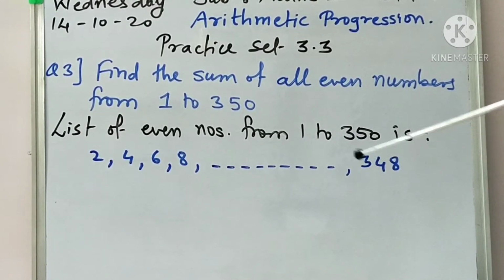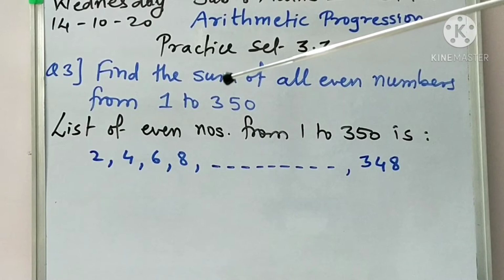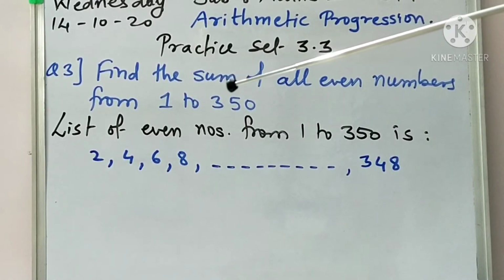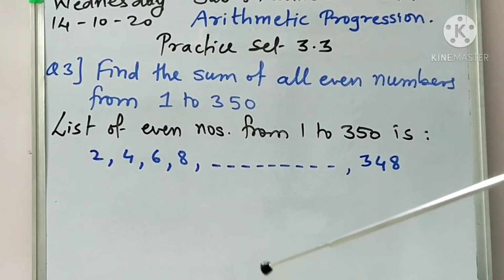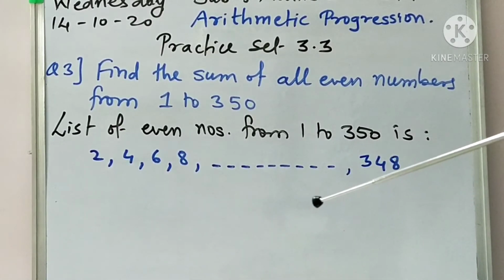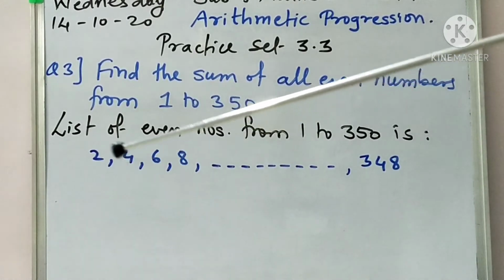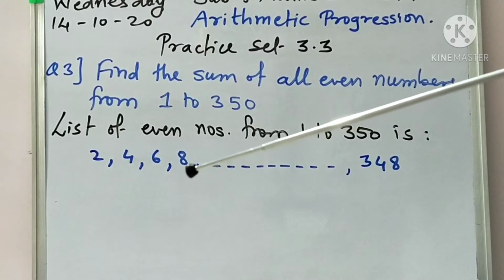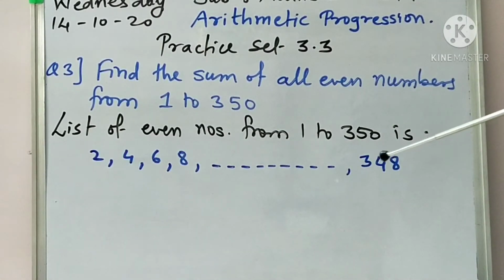Okay students, what we have to find out is the sum, so we use the formula of Sn, and that formula is n upon 2 in bracket 2a plus n minus 1 into d. The values of a and d we can find from this list, but how many numbers are here, the value of n, is not given.